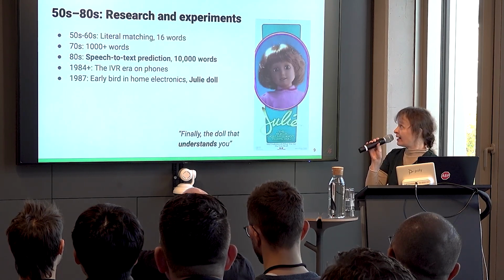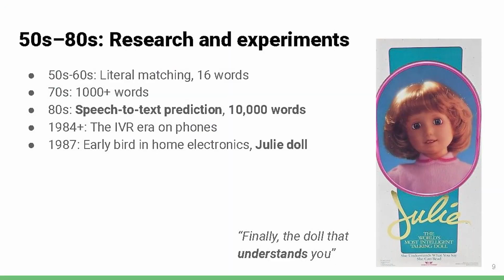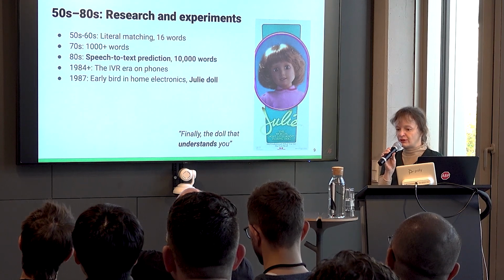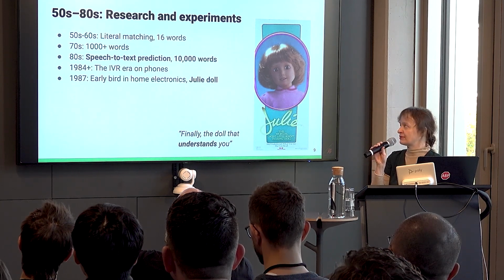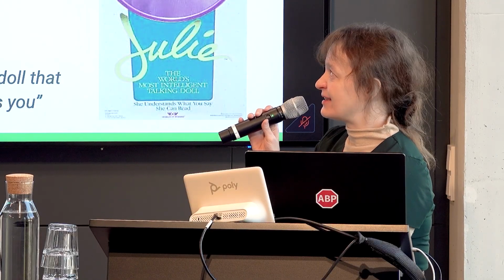Yeah. So in the 50s and 60s, the voice interface phase was research and experiments. The technology used literal matching. It was concentrating on numbers, and for a decade it had about 16 words.